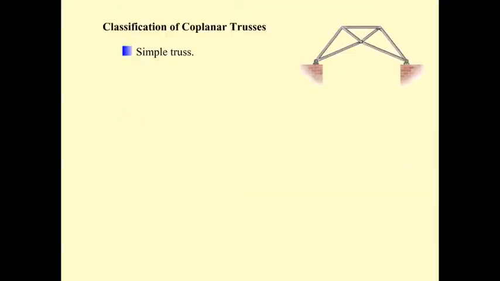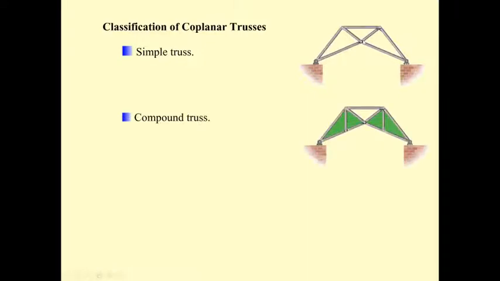Okay, we're going to classify the planar truss. As I mentioned, the simple truss is built by connecting straight, long members in a triangular shape. So this truss has 3 triangular shapes, and we may call it a simple truss.